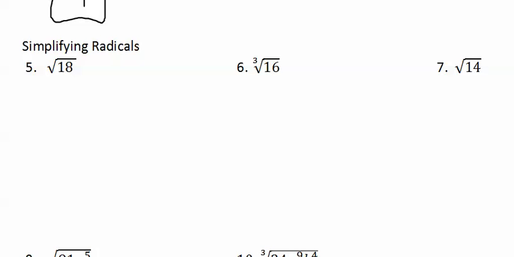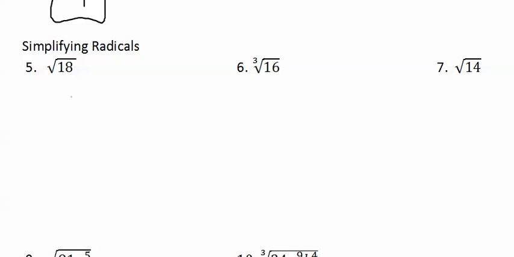Another way to simplify radicals is to break them down a little bit. We saw in the last examples that some of them broke down, some of them didn't. We had the 5th root of 7 versus the 5th root of 32. 32 was perfect, so we were able to break it down to 2. 7, though, couldn't be broken down.